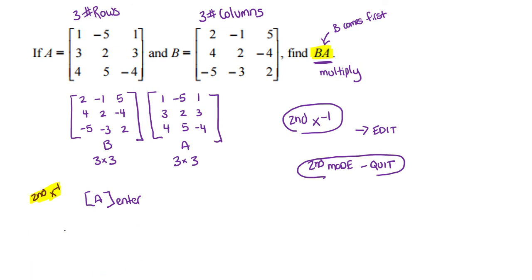So this is what I need to see in your calculator before you get the answer. So you had to hit enter here, and then you had to do second x negative 1 to get back to the matrix, and hit enter on A. If you type all of this in correctly, you have your answer.